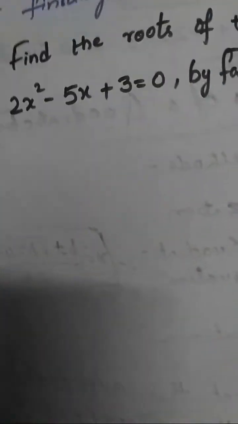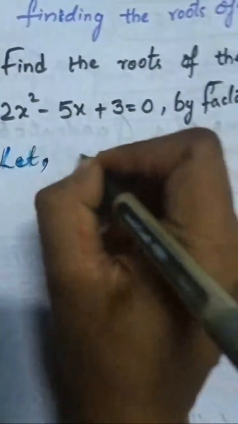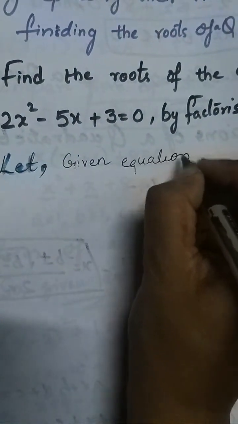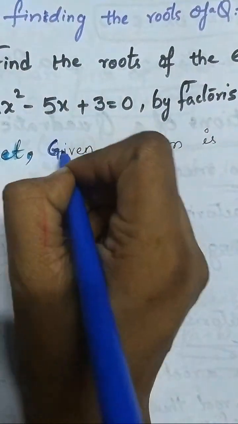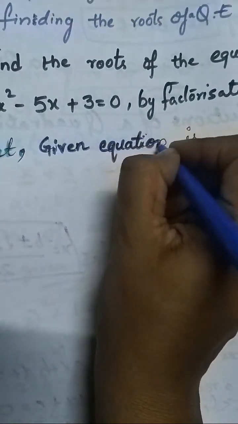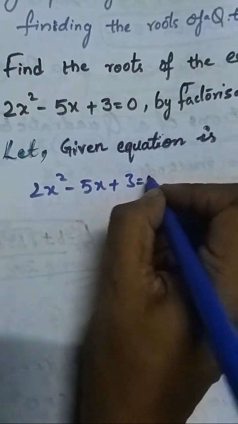Okay, now how you will do this? See here, this is the given equation: 2x square minus 5x plus 3 is equal to 0.